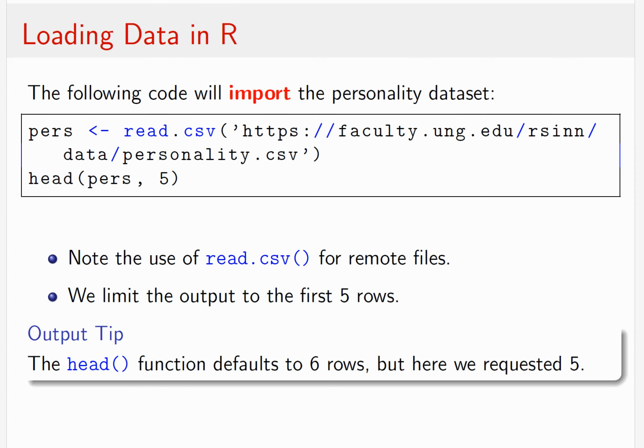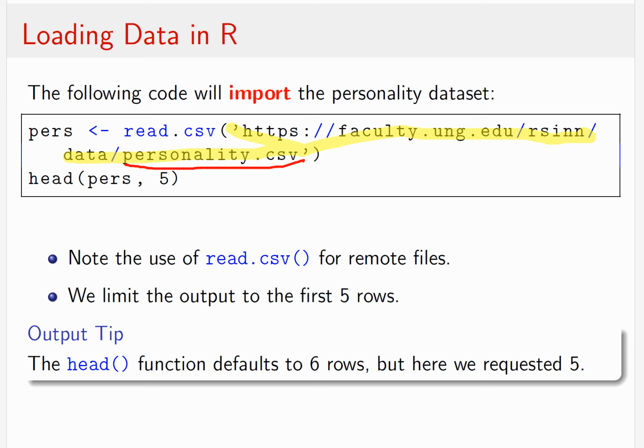So loading the data into R, and you can see all we do is use read.csv and we put the URL where the data is stored if it's stored online. If it's stored in the same folder as my notebook, I can just put the file name, right? You see the file name here at the end is personality.csv.